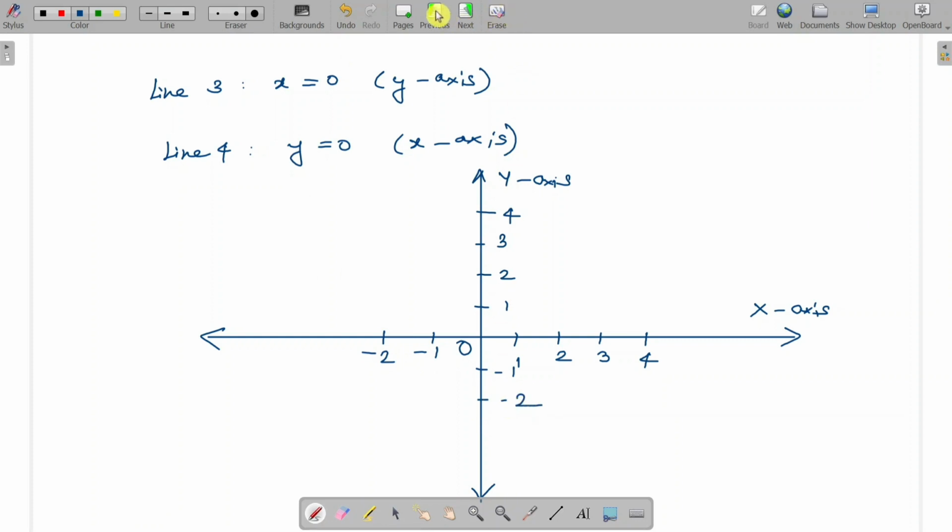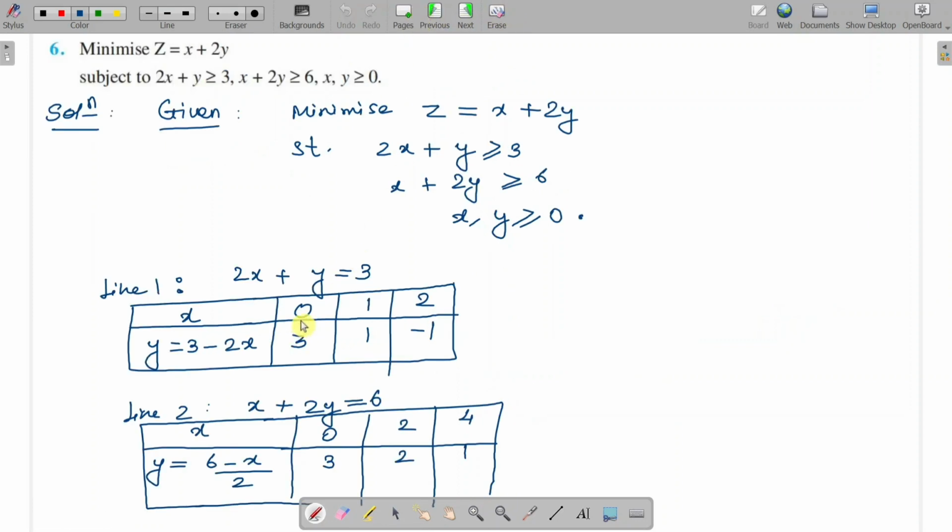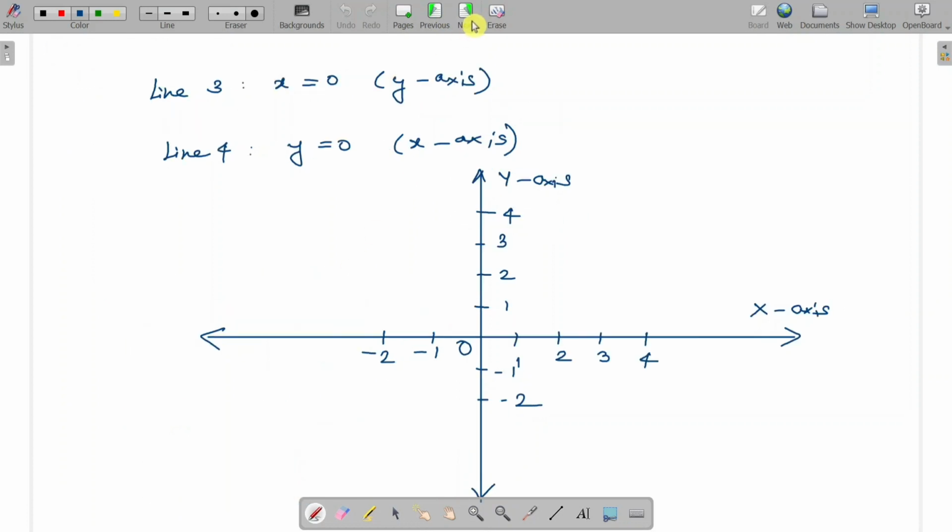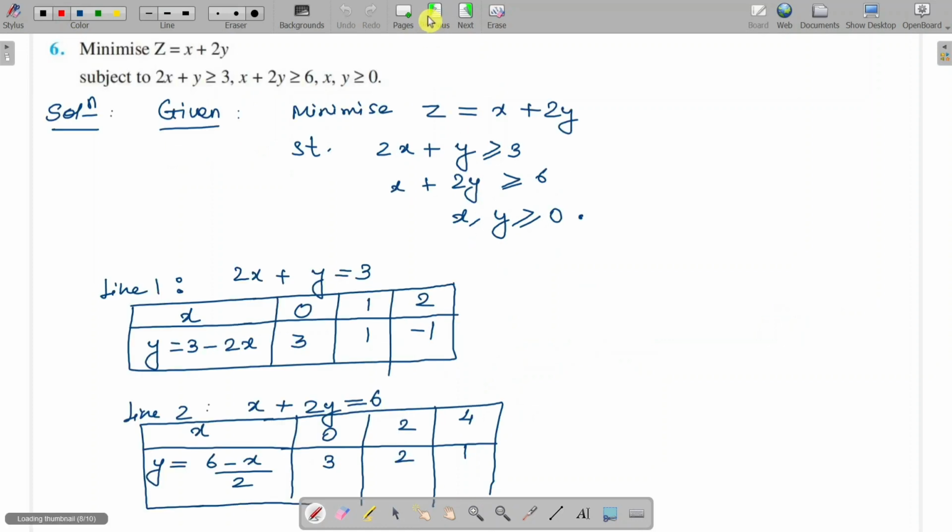Okay, so first line we will plot. The first point of the first line is 0, 3, so 0, 3 is here. Then we have 1, 1.